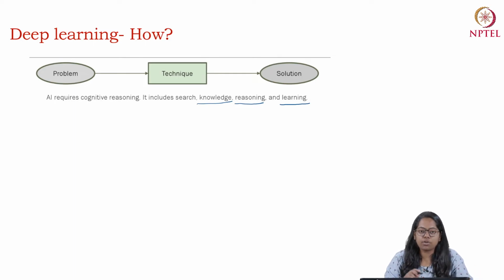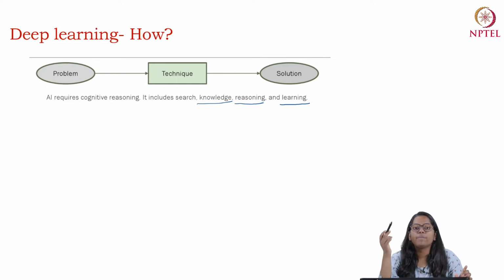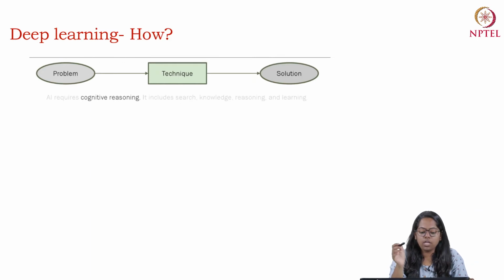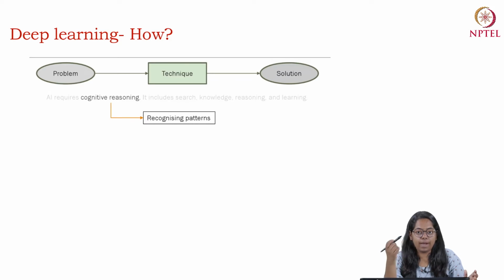So basically, cognitive reasoning, or this technique part between the problem and the solution, involves searching, then obtaining knowledge, then reasoning based on the knowledge, and then learning based on the outcome of our actions. Now, this cognitive reasoning basically involves recognizing patterns.